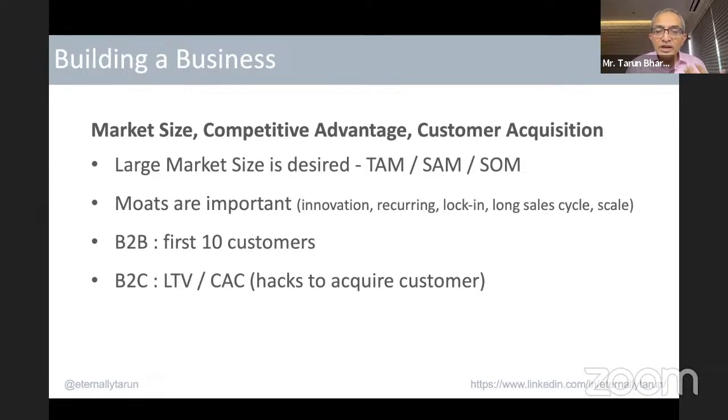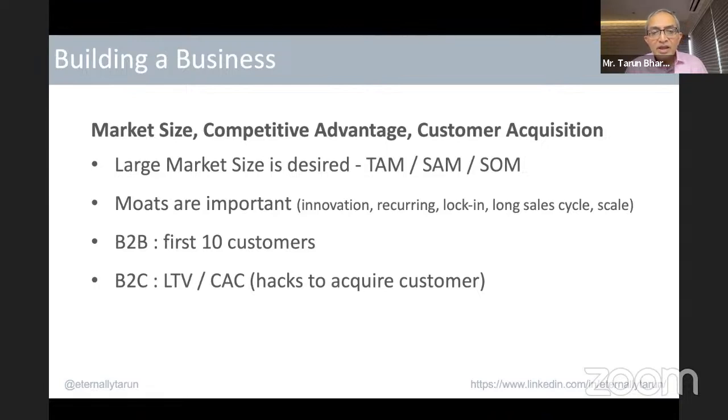So obviously, one needs to figure out the hacks: how do you acquire customers? If you can get a customer for free, that's a great thing for you. And if there can be referrals, if your product can become viral, I think that's the greatest way to acquire customers.